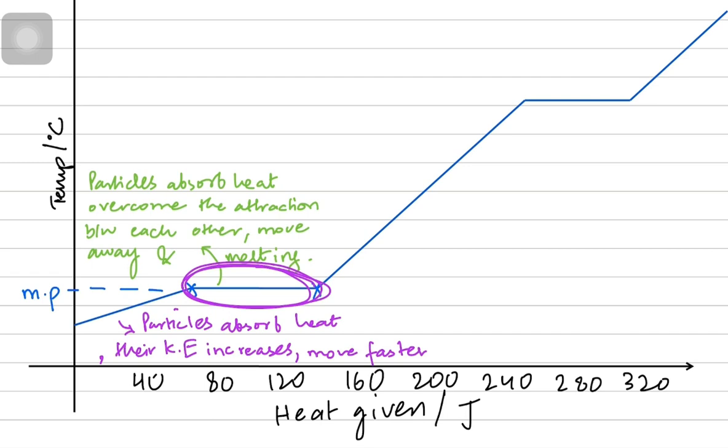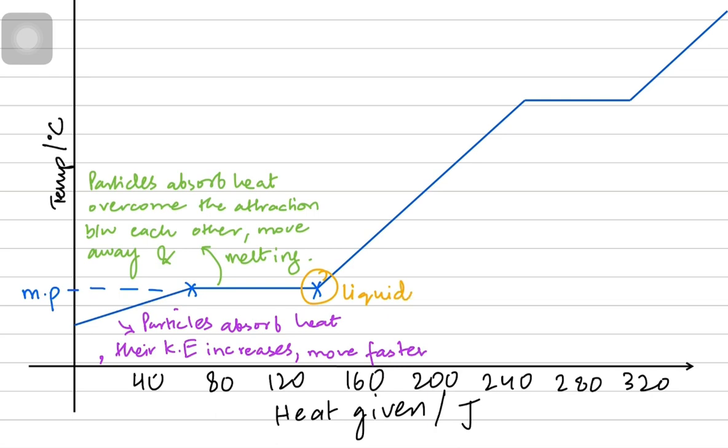So when the ice has melted, you can expect that the temperature is still the same. You can see all the heat energy was given for melting, so that the particles can absorb heat energy and overcome attraction. Now they are obviously liquid.